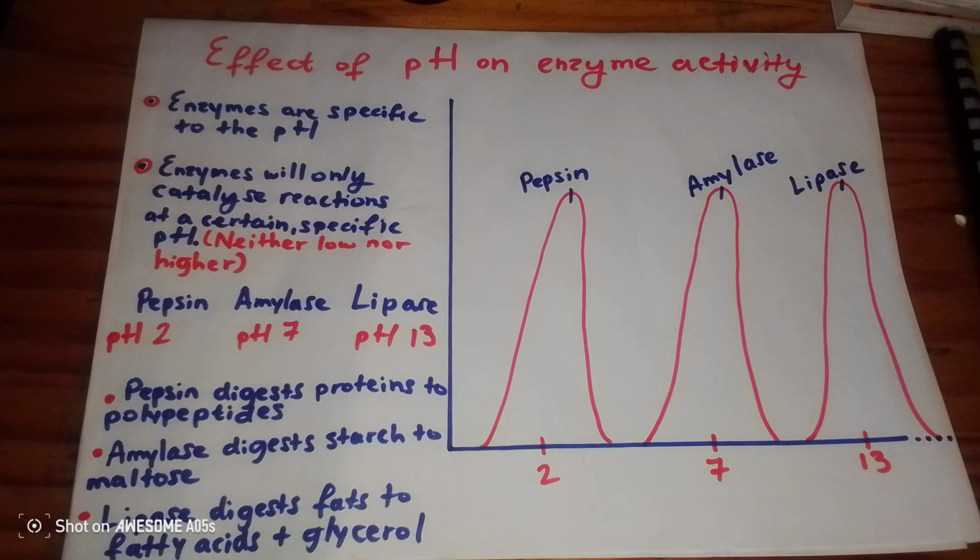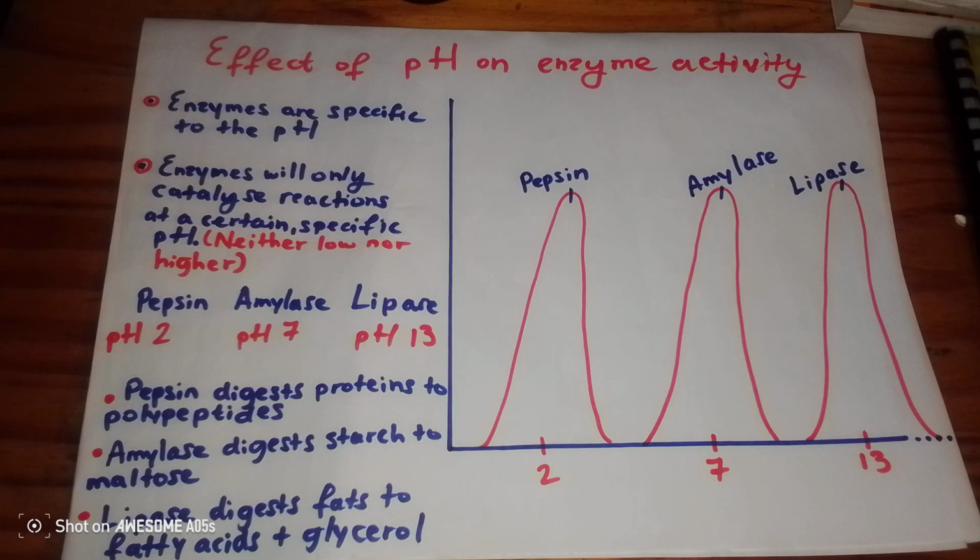Anyways, the effect of pH is very much different from that of temperature. On temperature, we notice that when the temperature is lower, the enzyme works at a slower pace, at a lower energy level, compared to when it is very high. When the temperature is very high, the enzyme has denatured and the bonds which held it in shape have been broken, resulting in the active site being changed and then there being no reaction, because now the substrate can't fit into the active site.